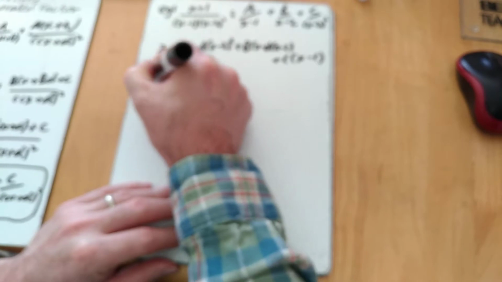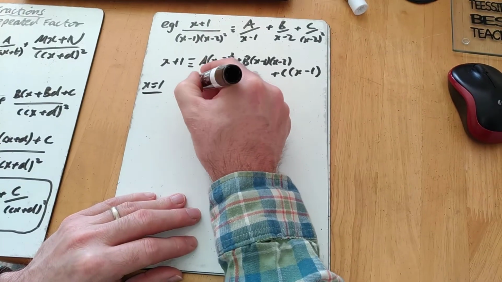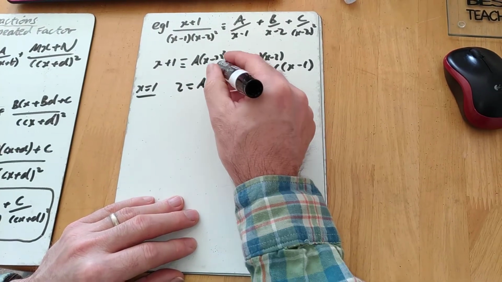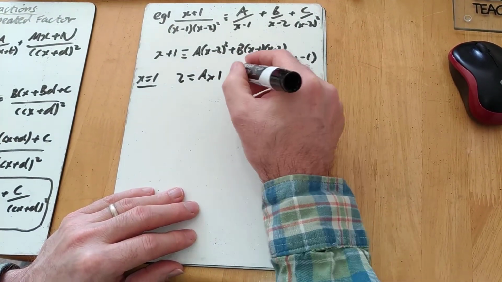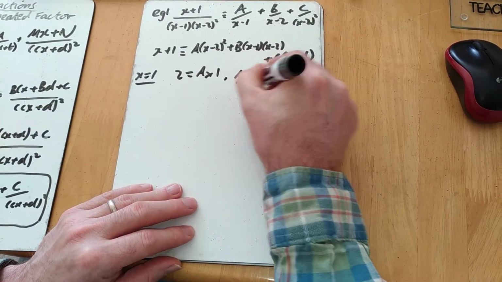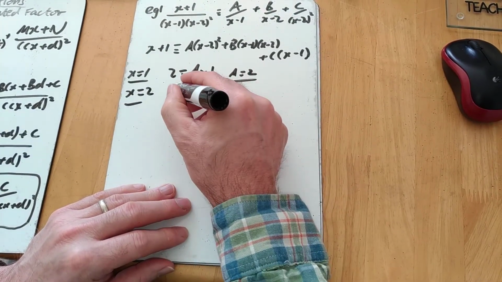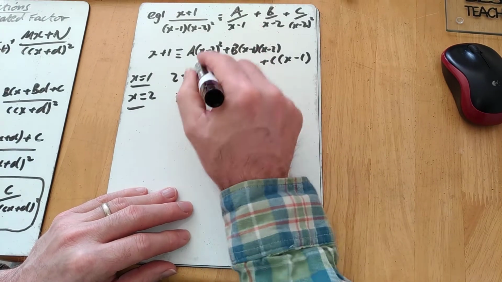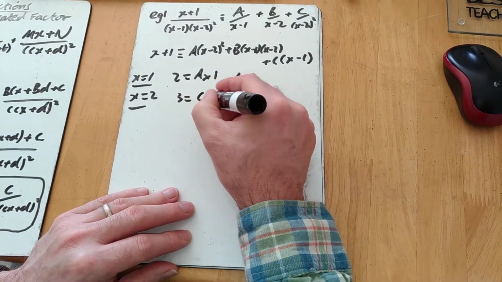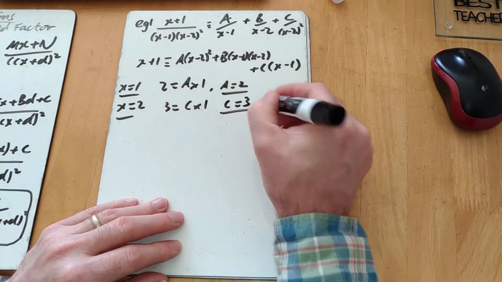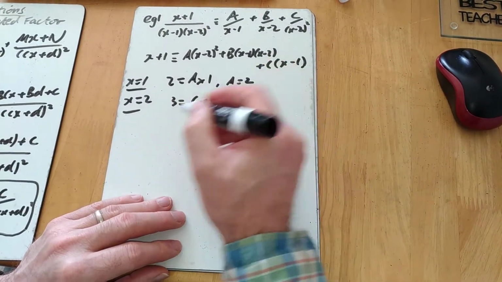So x equals 1 gives me 1 plus 1, 2 equals a times minus 1 squared, 1, so a equals 2. Nice and straightforward. x equals 2: x plus 1 is 3 equals 0, 0, c times 2 minus 1, 1, so c equals 3. And I can't avoid using at least one of those to find b.